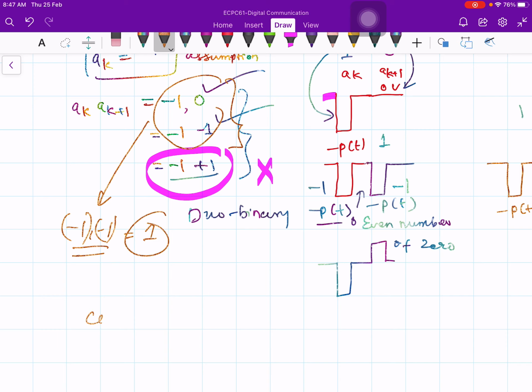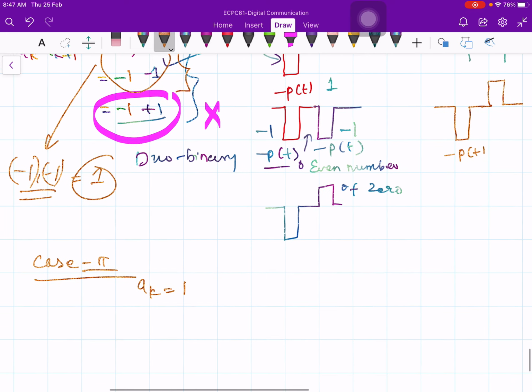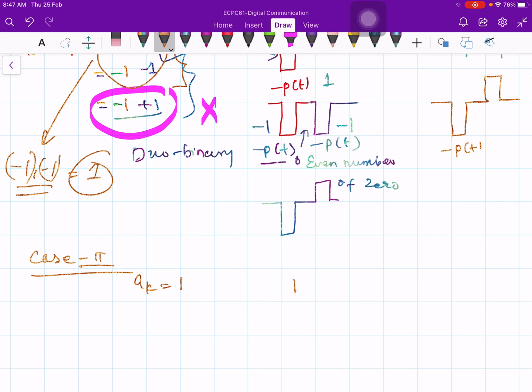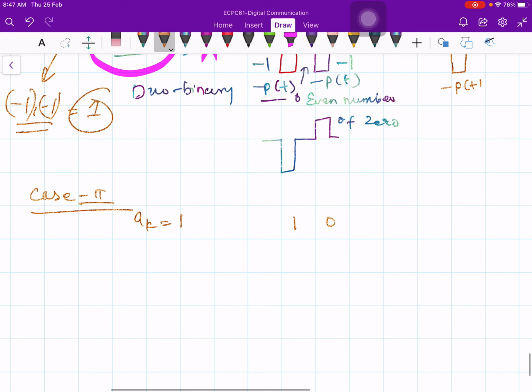Similarly, suppose you start with AK equal to plus 1. Then what is going to happen? Let's say this bit is 1. The next bit can be 0. So plus 1 means positive voltage. Therefore, you put a positive pulse, and then 0 means no pulse. This is one possibility.